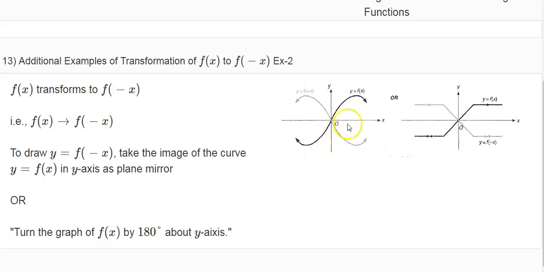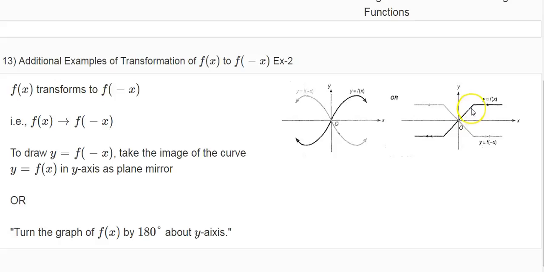So what is happening is that in the transformed graph, the value of y is equal to f(2) would become the value of y is equal to f(-2). So this is the graph now. This point and this mirror image is even clearer from this image: this is the y is equal to f(x) graph.